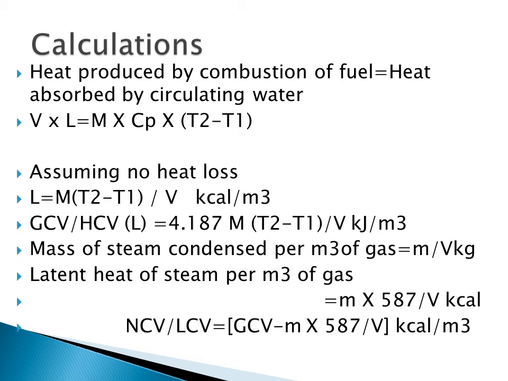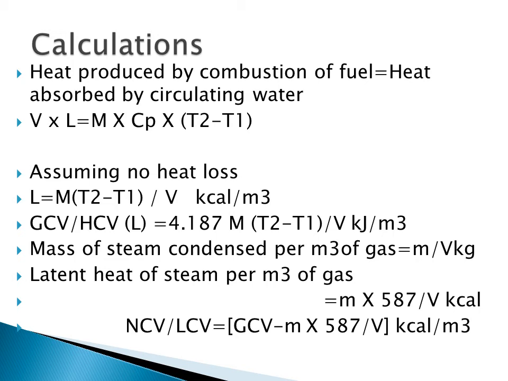Here we are assuming that there is no heat loss. Whatever heat is generated is absorbed by the circulating water and does not escape into the environment because of the insulating chamber. So our formula converts to L is equal to M into (T2 minus T1) upon V. Its unit will be kilocalorie per meter cube.